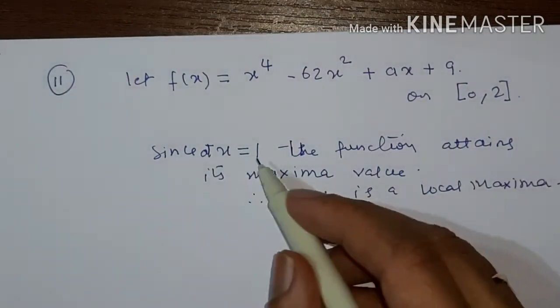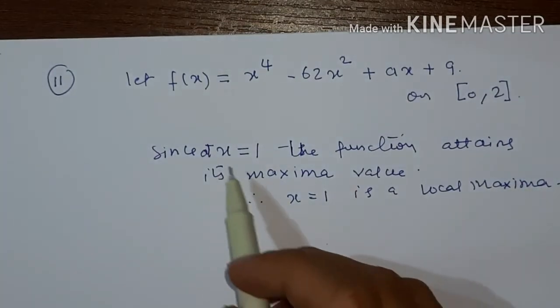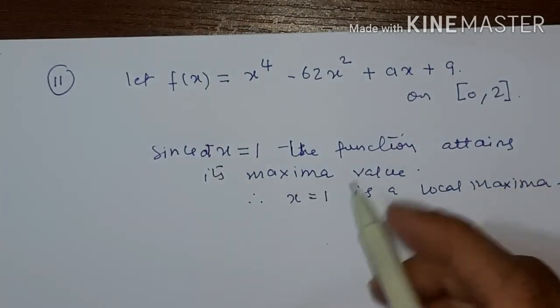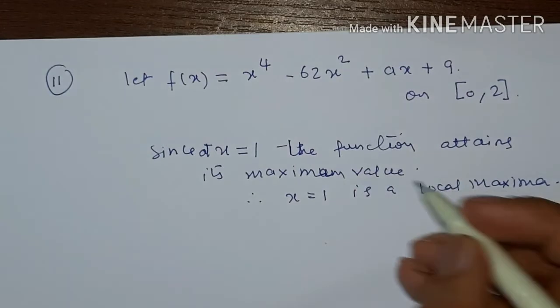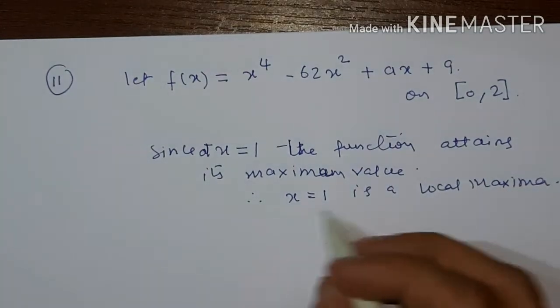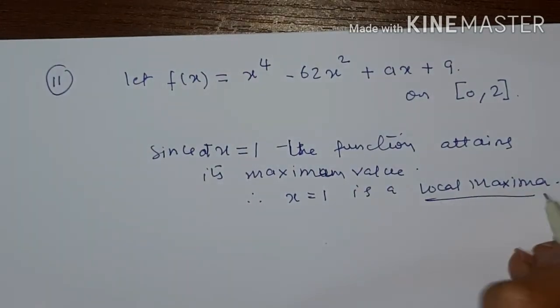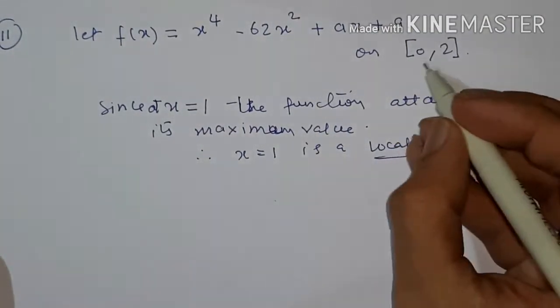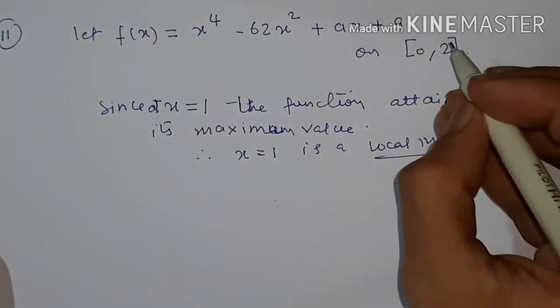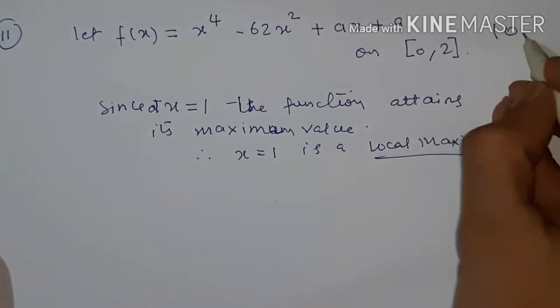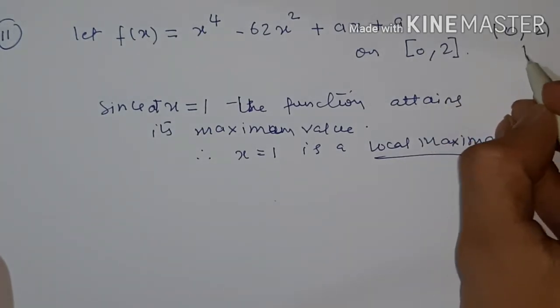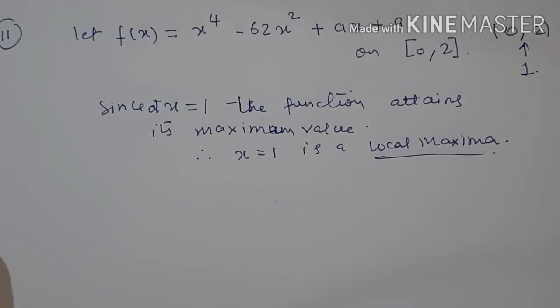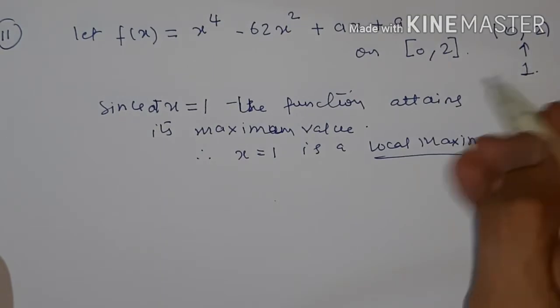Since x equal to 1 is a point at which the function attains its maximum value, it is a local maxima and not an end point. It is in the open set 0 comma 2, 1 belongs to this. So x equal to 1 is the local maxima.